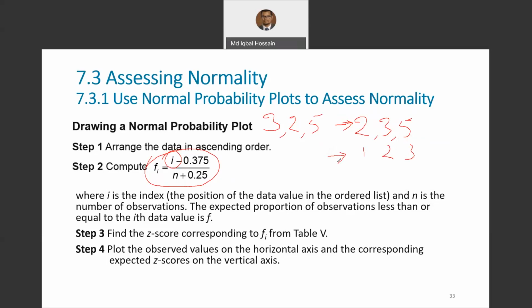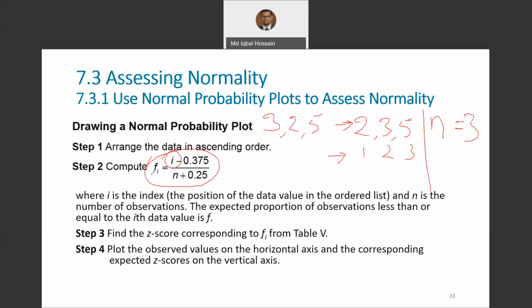This one is our first value after ascending, this one is our second, and this one is our third. That's why the values for i are 1, 2, and 3. What about n here? n is the sample size. We have a total of three values, so the value for n is 3 here.